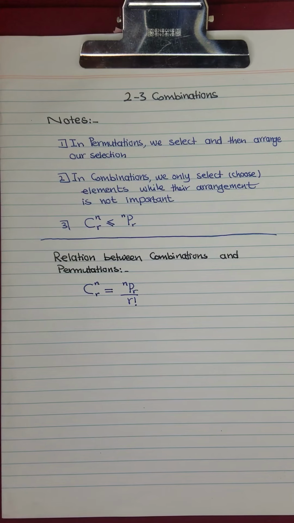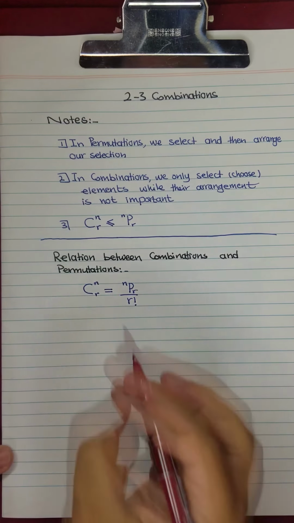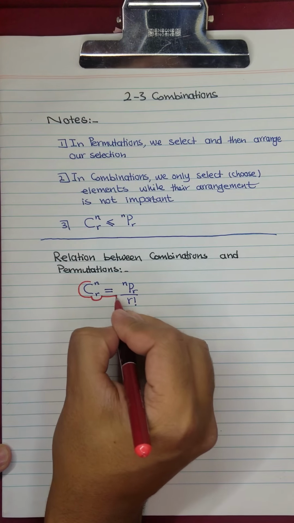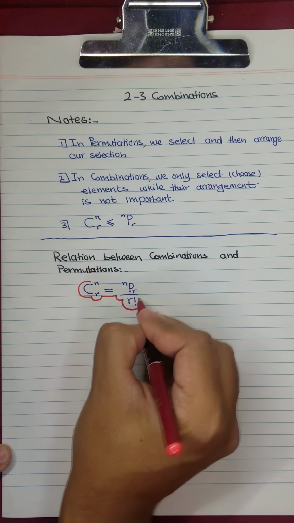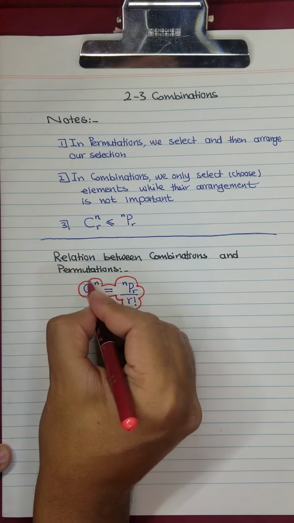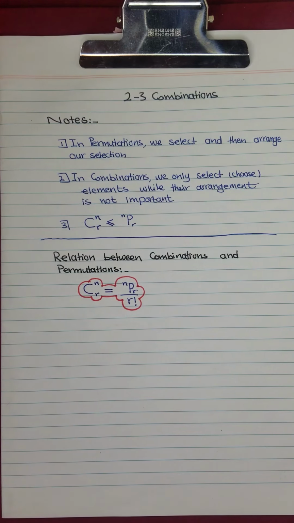So let's put this now as a formula. So this formula suggests simply that when you need to find n combination r, you need to find permutation n r and then divide it by r factorial.